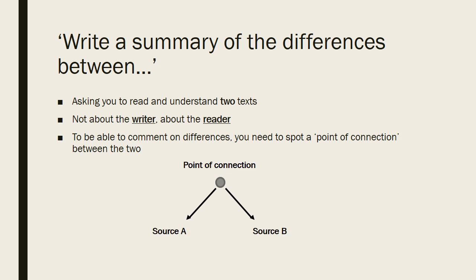So going back to that idea, let's try it again. Same two, because really we need two points of connection, because you're going to need two separate paragraphs on this to make sure that you show you can use the skills more than once. So another point of connection, this shows you how broad they can be.